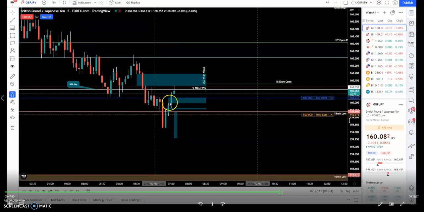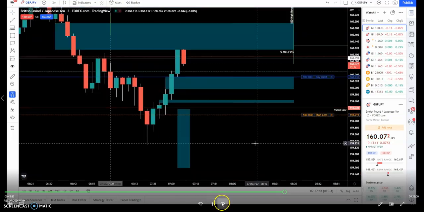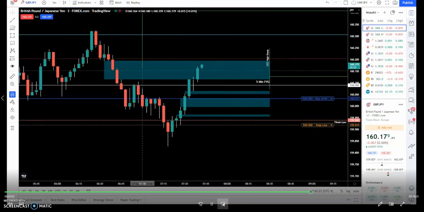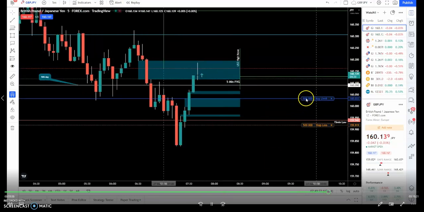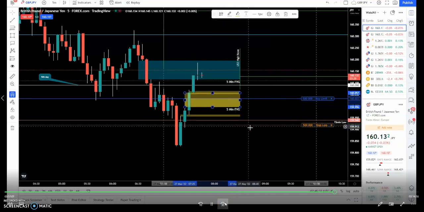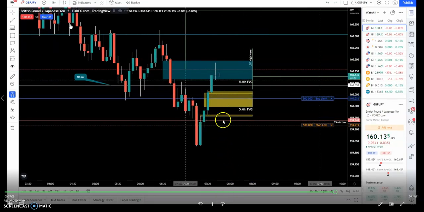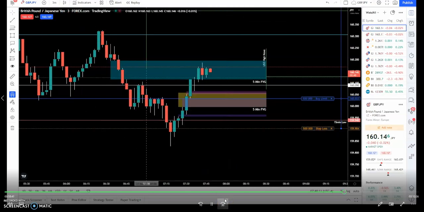Therefore that was the fair value gap rather than the small 3-minute fair value gap that I drew. The market continues to push up, and because I felt uncomfortable in the sense that I didn't think this would get hit, I decided to enter the market as a market order. You can see I've drawn the fair value gap on the 3-minute and the 5-minute, and I've changed the colour just to see whether we would get that pushed down.